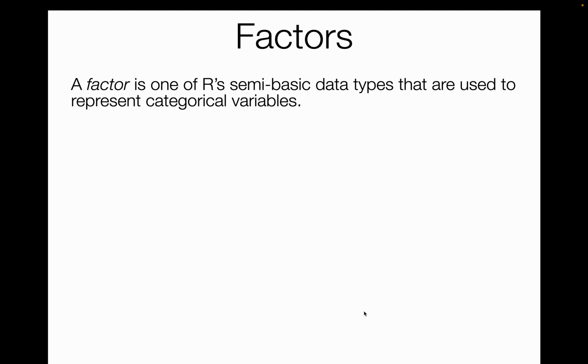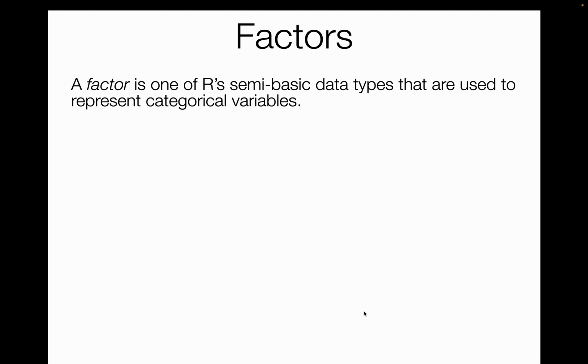In R, they call them factors. You may have come across factors when you're trying to make a plot in the Data Science 3 homework or something like that. I've seen a couple of you use it there, or you may have just seen it elsewhere in your searches. And so a factor is, like I say, semi-basic here.